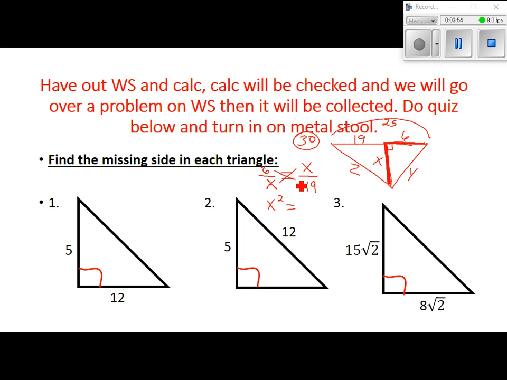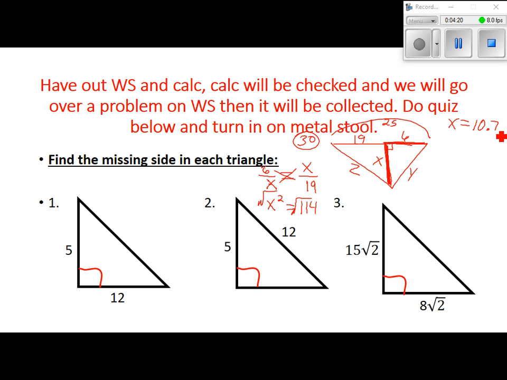Somebody help me out. What's 6 times 19? 114. What do we still have to do to get our answer there? Take the square root. What's the square root of 114? 10.67. 10.7.